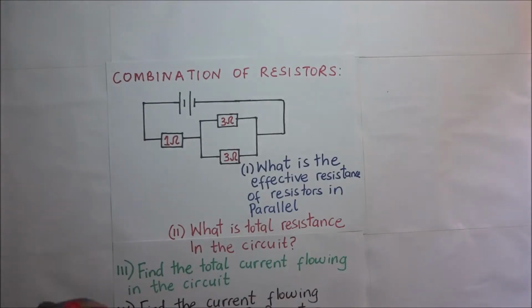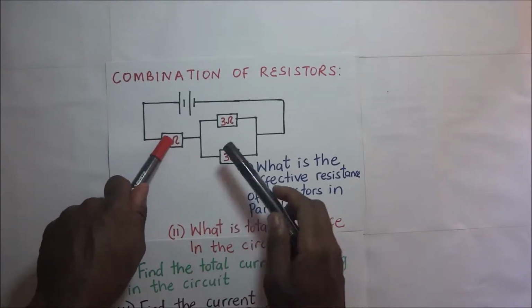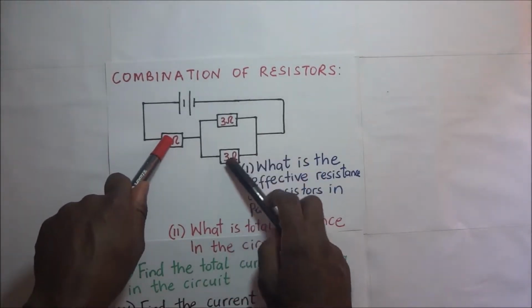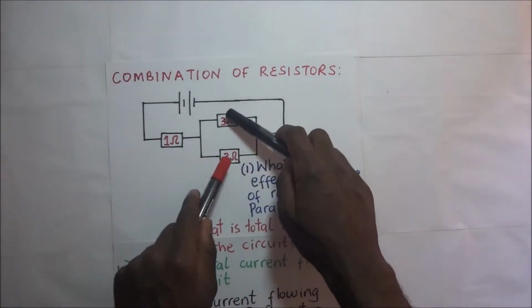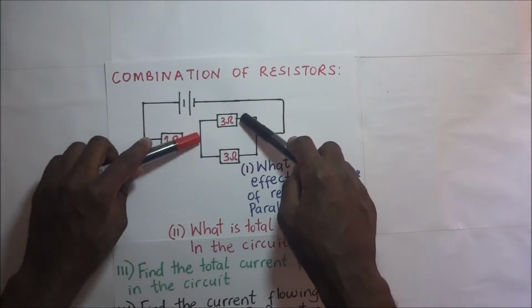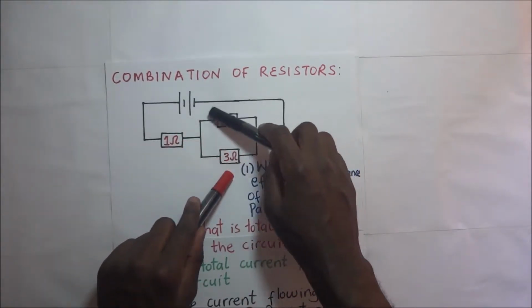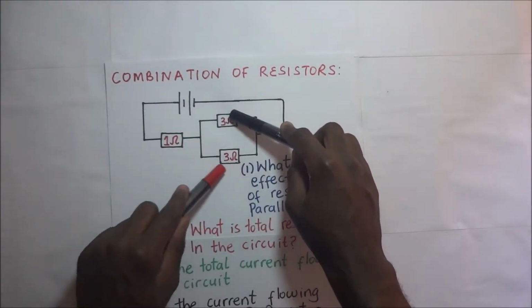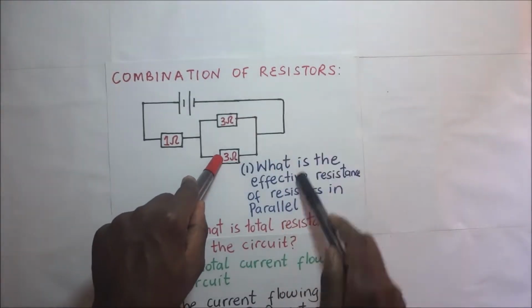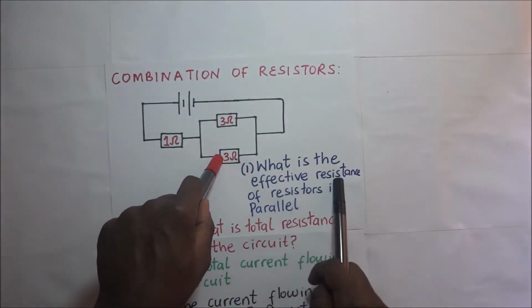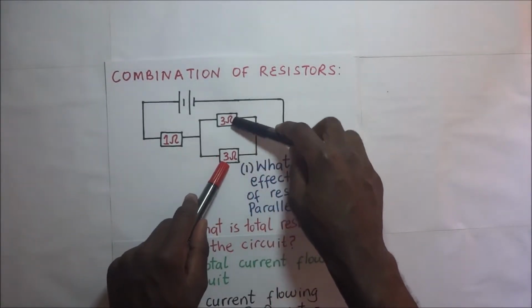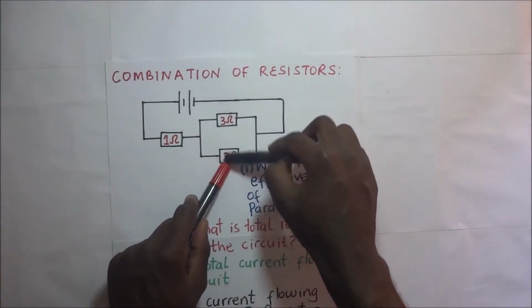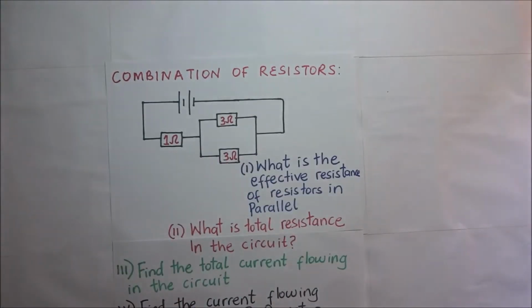So this 1 ohm resistor and this combination are in series, and since these two are getting current that is split at this point, this resistor and that resistor are in parallel. These are the resistors in parallel, so we'll go ahead and find their effective resistance.